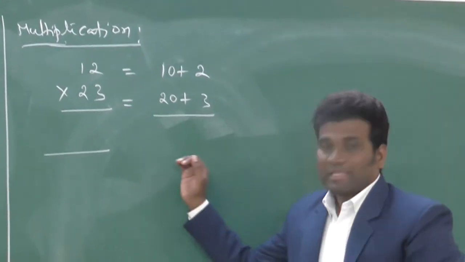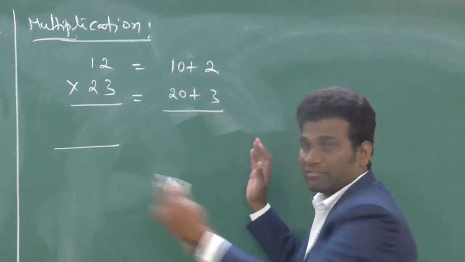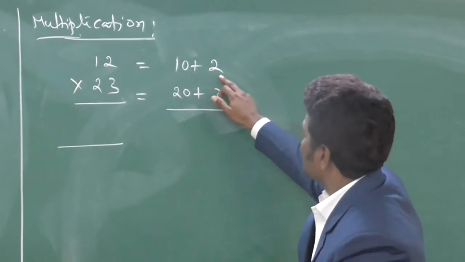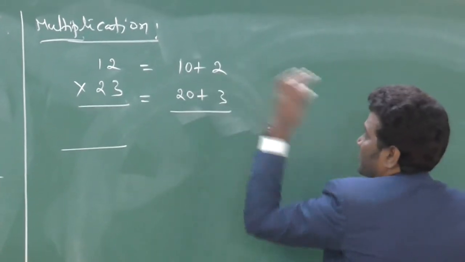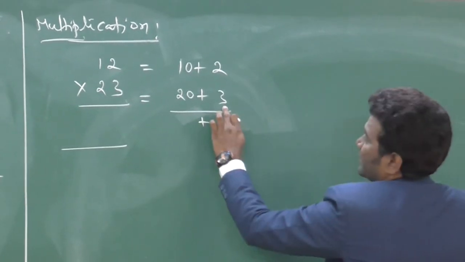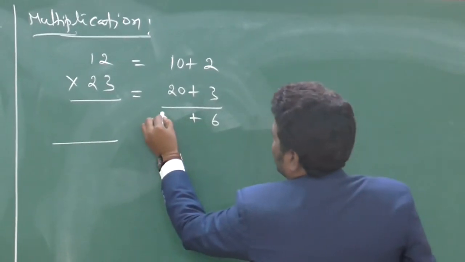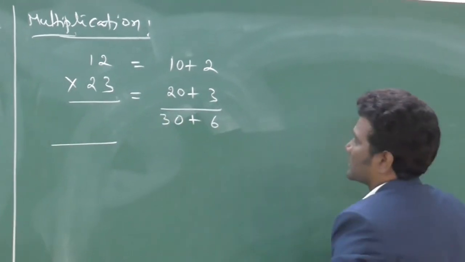Now we will start our multiplication with the units digit, from right to left. 3 times 2 is 6, plus 3 times 10, 30.